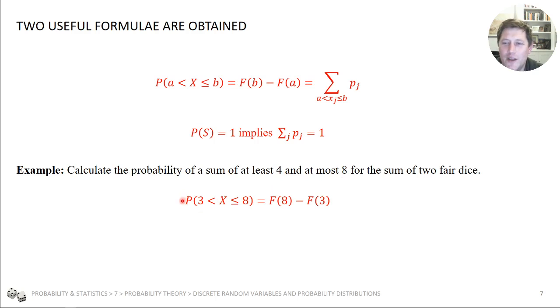So we're looking at the probability of our outcome being greater than 3 and less than or equal to 8, and that will be equal to the difference in the cumulative distributions between 8 and 3. And that's what we have here. At 8 it's 26/36, and for the cumulative distribution at 3 it's 3/36, and that equals 23/36.